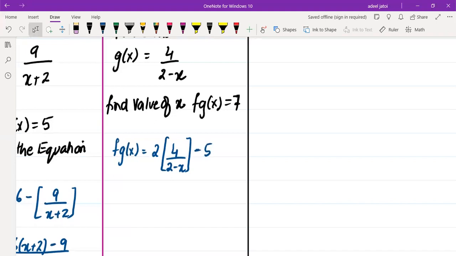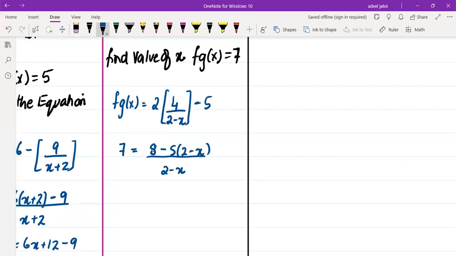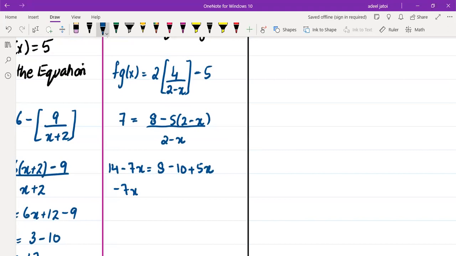But on the other hand, we know that f(g(x)) is 7. So this is going to be 8 minus 5 times 2 minus x. Obviously, we're going to take LCM of 2 minus x. So 7 twos will be 14 minus 7x is equal to 8 minus 10 plus 5x. So we have minus 7x minus 5x, and since 14 will go there, it will become negative 14.